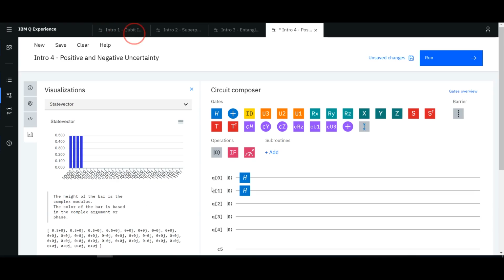We will assume that the input we have here is, let's say, 1 0, like this.